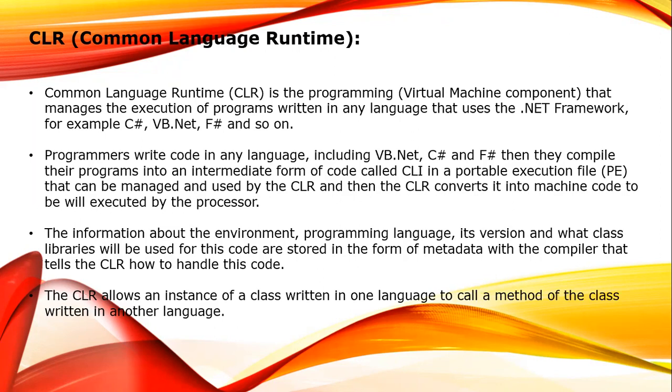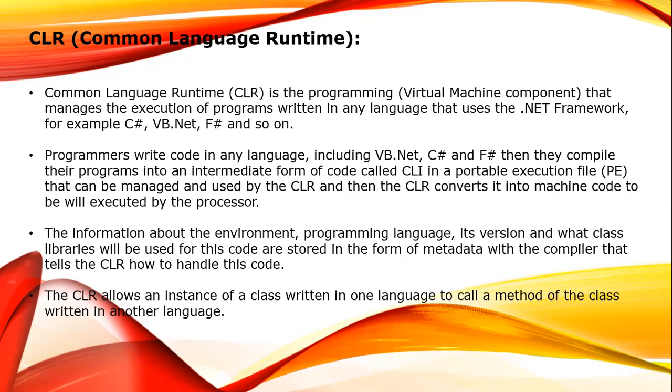You can compile that file like you have compiled your source code in Java, then a class file is generated. A similar kind of thing is there that can be managed and used by CLR. Then the CLR converts it into machine code, which will be executed by the processor. The information about the environment and programming language, its version, and what class libraries will be used for this code are stored in the form of metadata with the compiler that tells CLR how to handle this code.